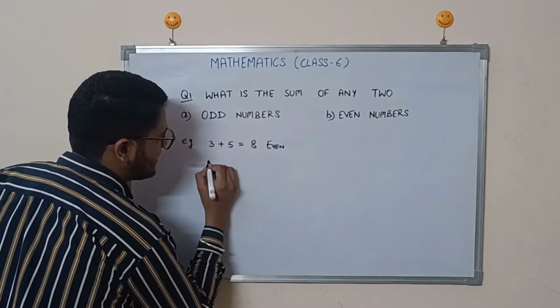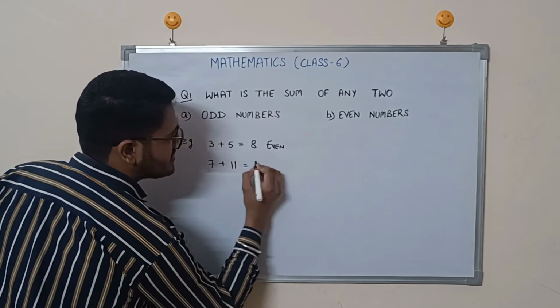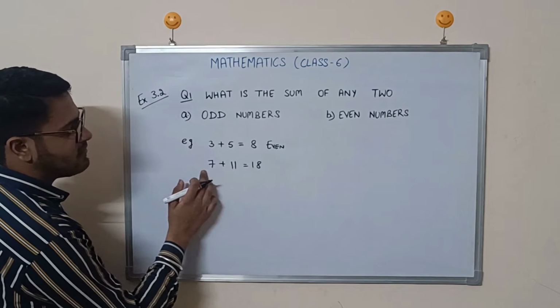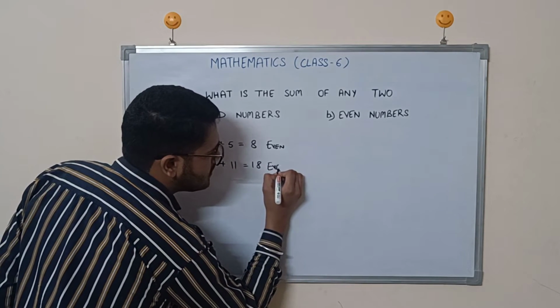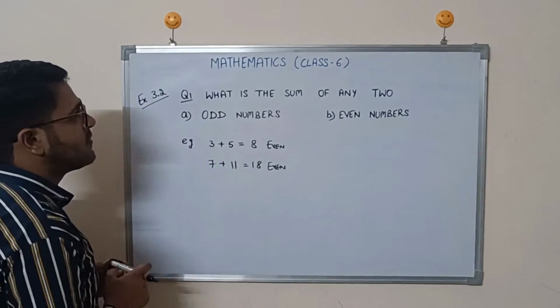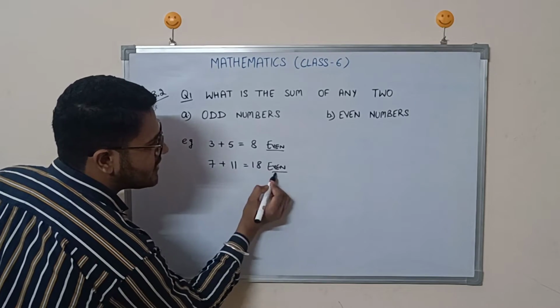Let's take one more example, 7 plus 11. 7 plus 11 is what? 18. 18 is also an even number, right? So the sum of any two odd numbers is always even.